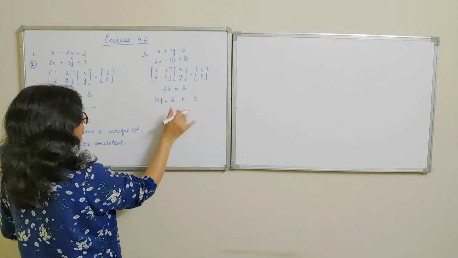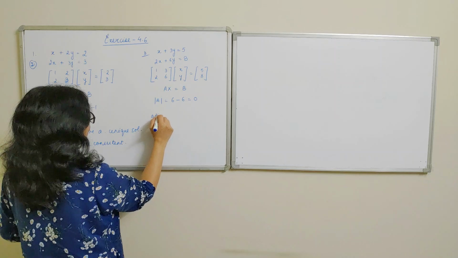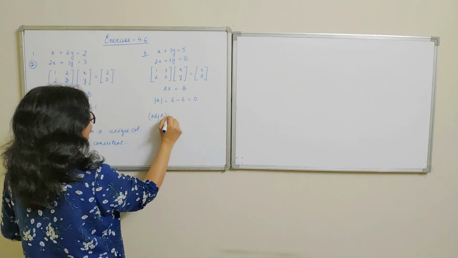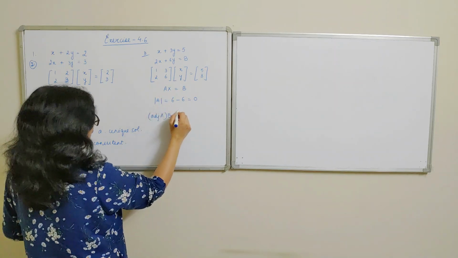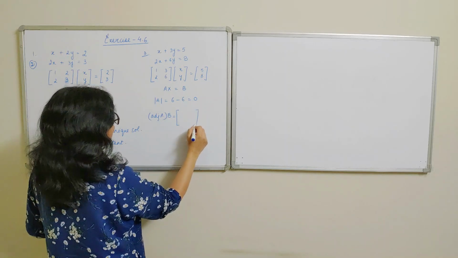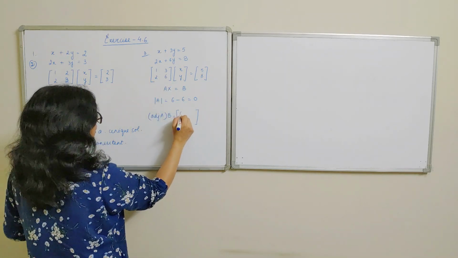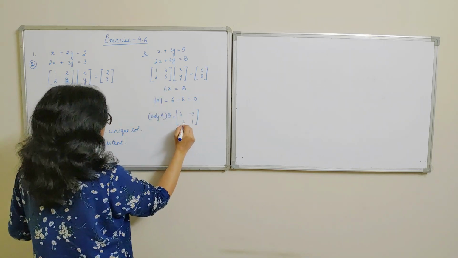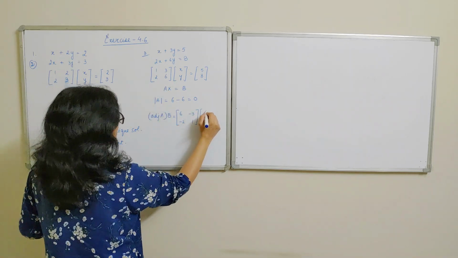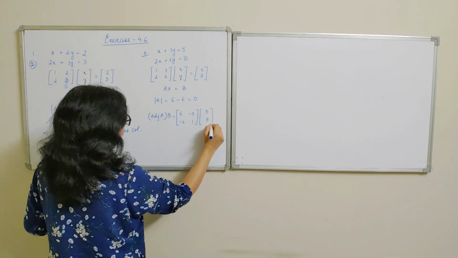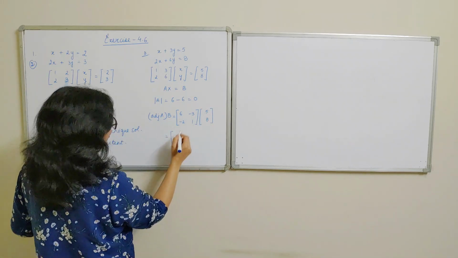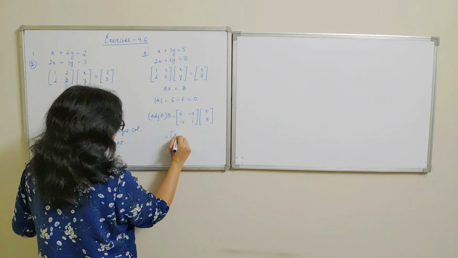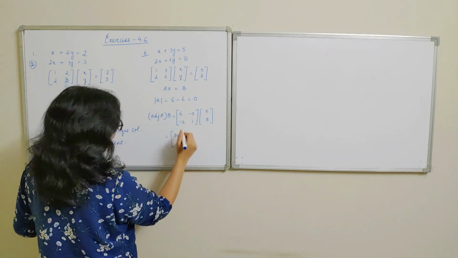The moment we get 0, the next step is to find out the product of adjoint A and B. Because it's a 2 by 2 matrix, we can directly find out its adjoint, interchange diagonal elements, change signs of off diagonal elements, multiply by matrix B and find the product. So that is 30 minus 24.